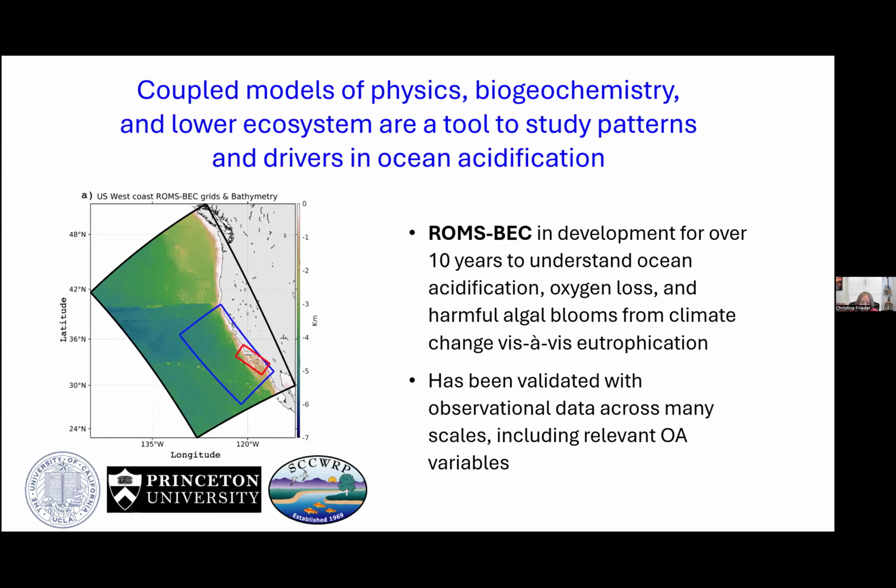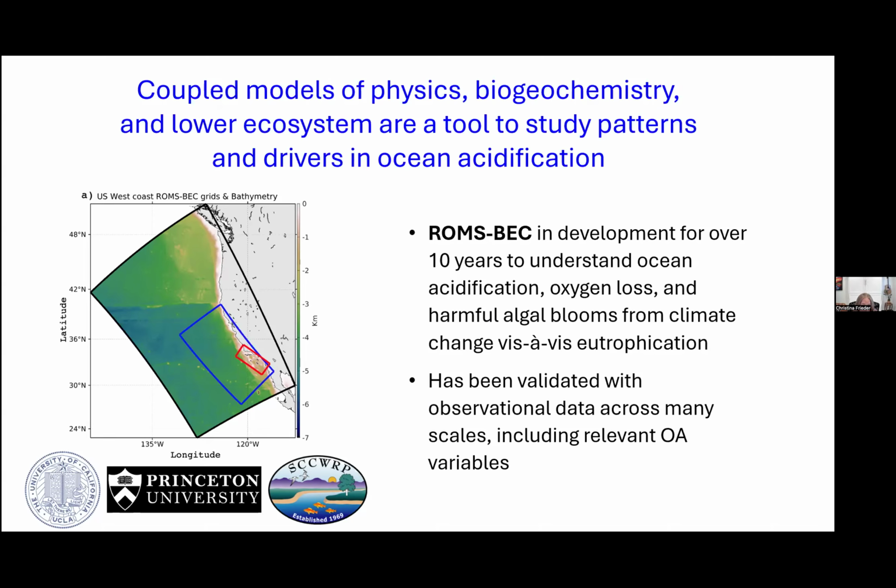There are multiple domains which this model covers. And the outputs that we've uploaded to the OAH portal are those within the blue bounding box, which covers almost the entire California coastline.